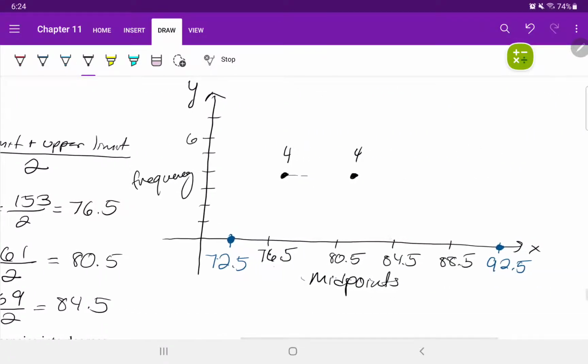So 84.5, that's going to be 5. Did I get that correctly? Yes, I did. And then for the last class, 88.5, the frequency was 3.